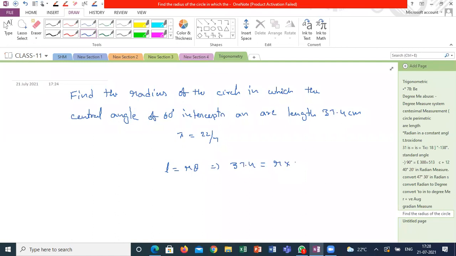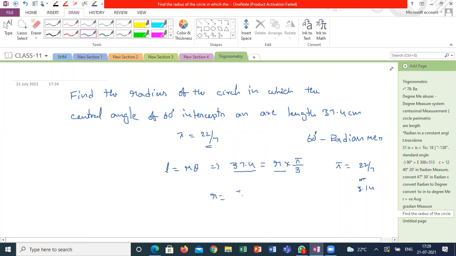So I can't use 60 degrees here. My theta should be in radians because I am doing an algebraic operation with real numbers. What is the radian measure of 60 degrees, guys? Pi by 3. When working with real numbers, your pi should be 22 by 7 or 3.14, or if they suggest one value, you have to use that value.